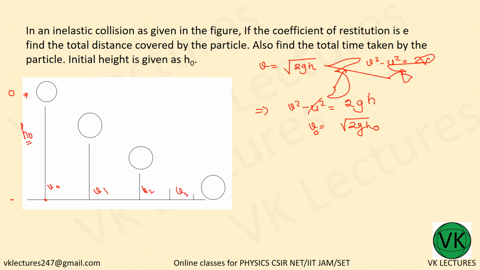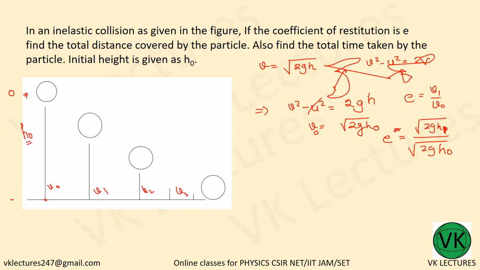Now what is given is e is given as v1 divided by v naught, which means v1 is under root 2g h1, divided by under root 2g h naught, that is equal to e, the coefficient of restitution.